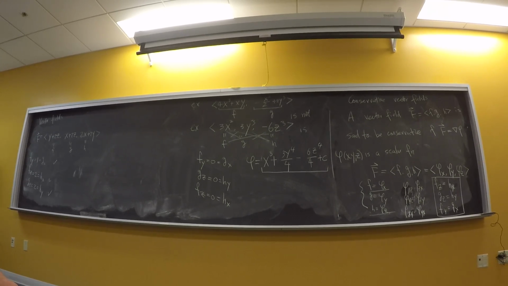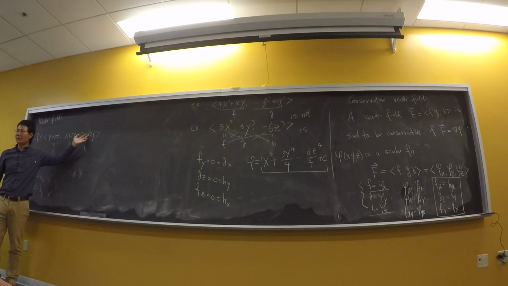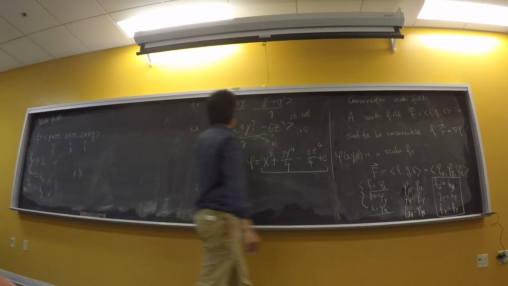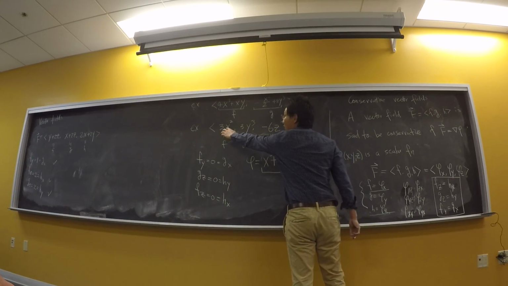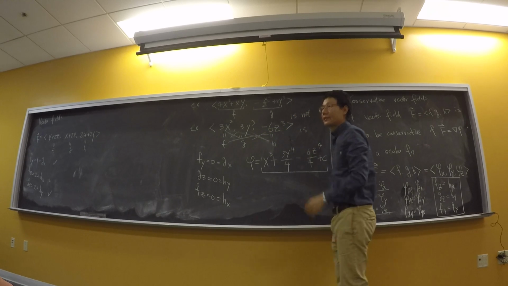Now I want you to find the antiderivative. It's not going to be as easy as before. You have to find the antiderivative function, or the potential function, such that it satisfies these three partial derivatives simultaneously. This one, I can find individually, because taking derivatives, you don't have to hit any other components.